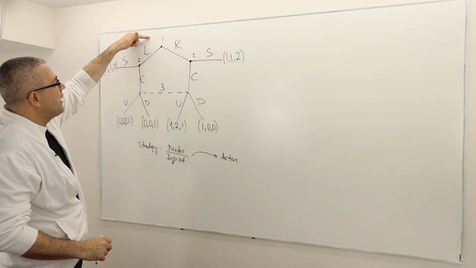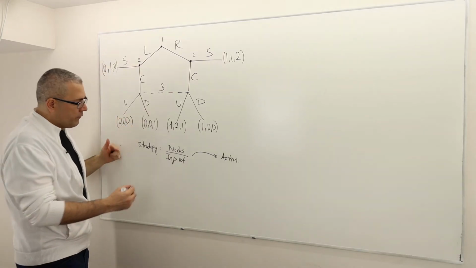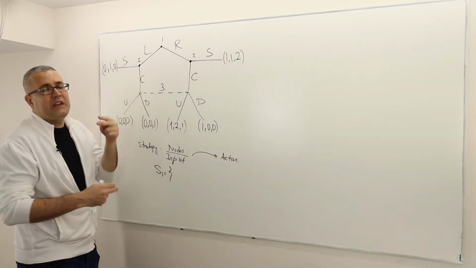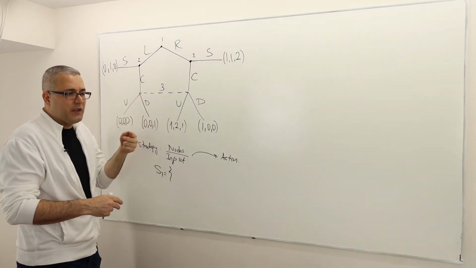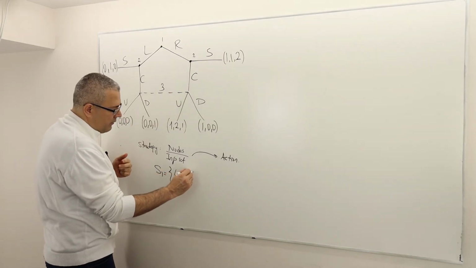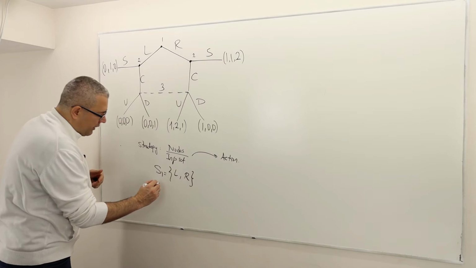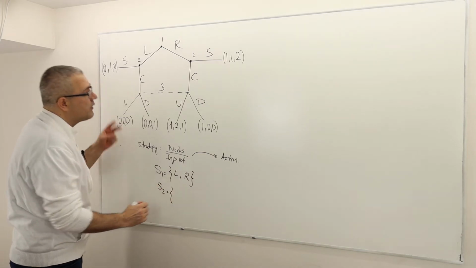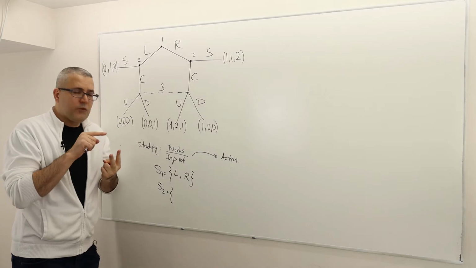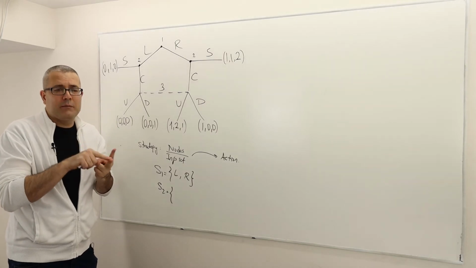Here, player 1 has only one node, so his strategy is going to be a singleton. Because he has two available options, he has two available strategies. We're going to call them L and R. What about player 2? Player 2 has two decision nodes, so for each node we must put some action.